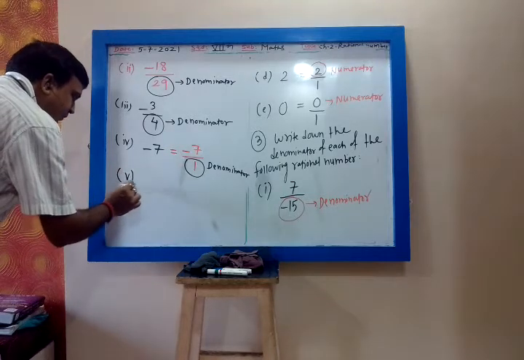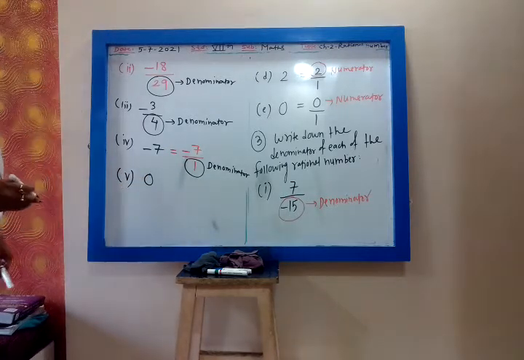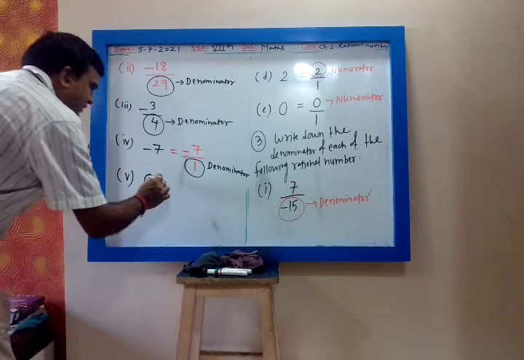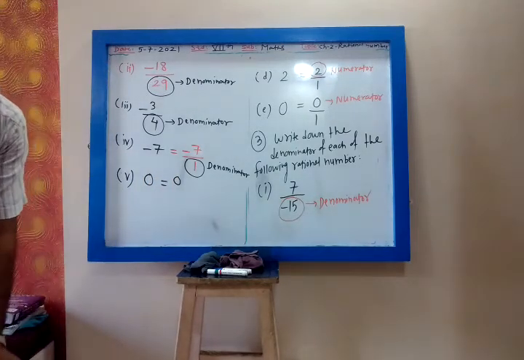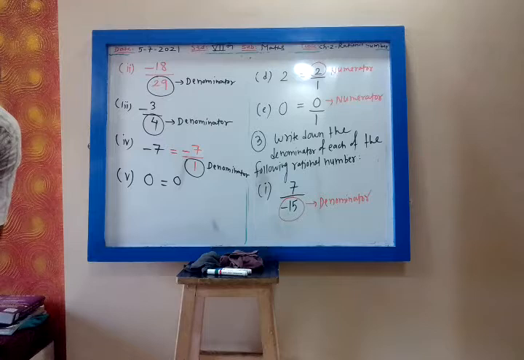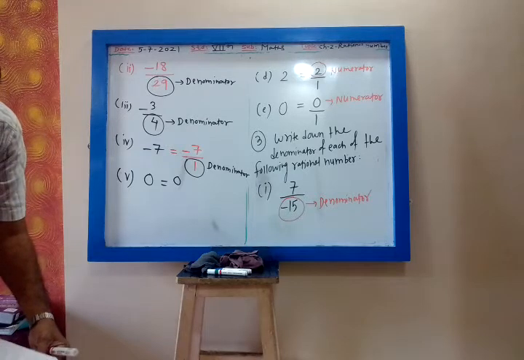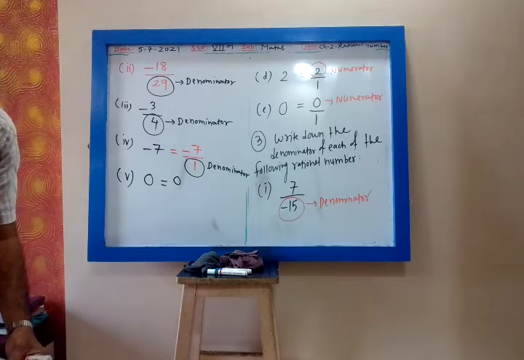Then fifth it is 0. You can write this as 0 upon 1.